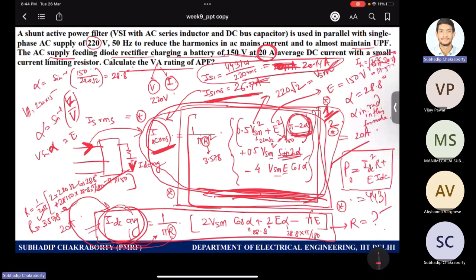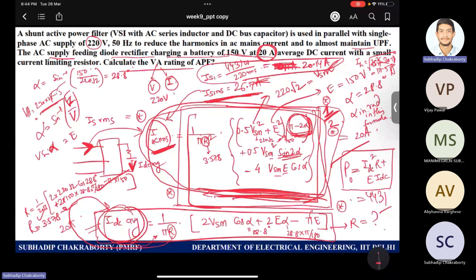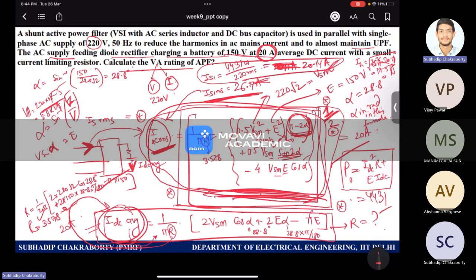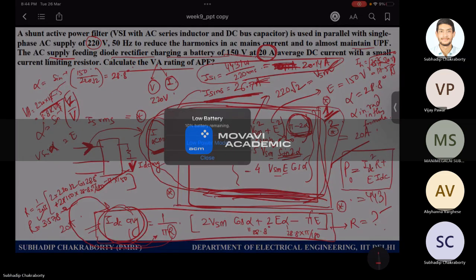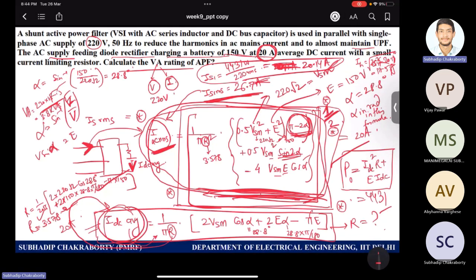And then 17.5 multiplied by 220 is the answer. Around 3.8 kVA. Okay. Yes, sir. So it is 26.7. Yes, correct.